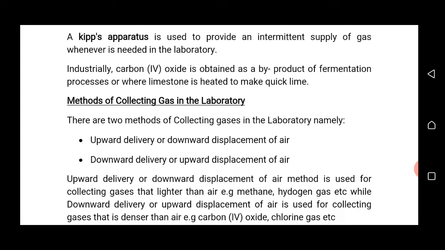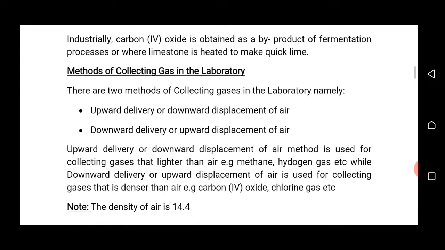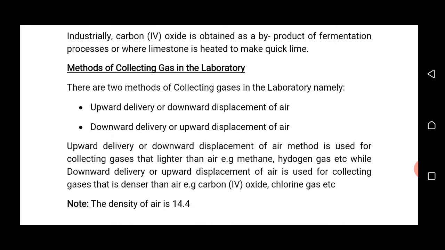Though alcohol is the main product of fermentation, the byproduct is CO2. So during the fermentation process, especially in the brewing industry and any other industry where sugar is employed as raw material, CO2 is produced as a byproduct of fermentation.